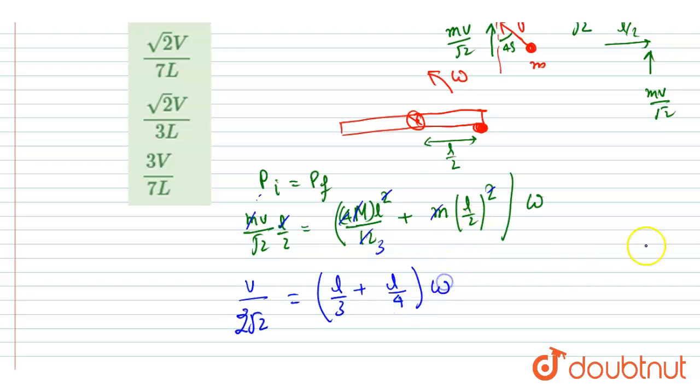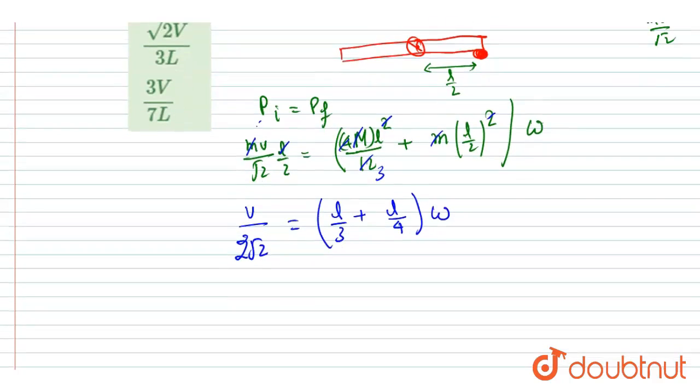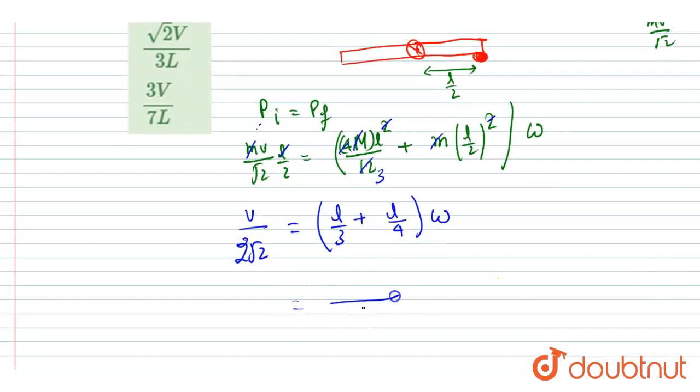Into omega. Taking the LCM of L by 3 plus L by 4, you'll get 4 plus 3, into omega L is equal to v by 2 root 2.